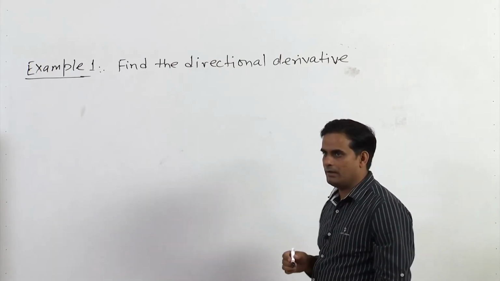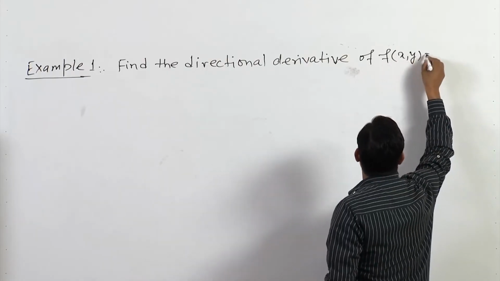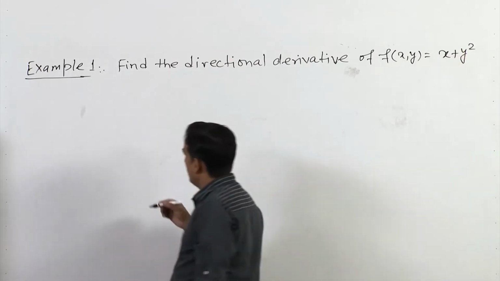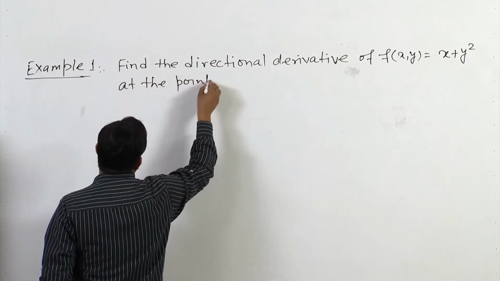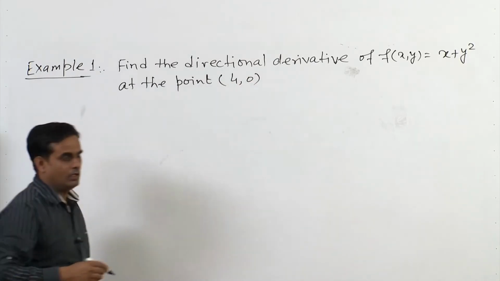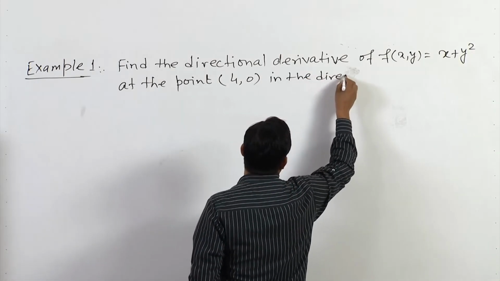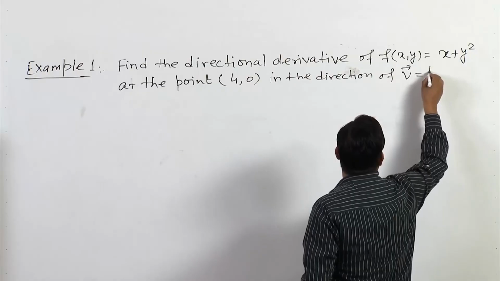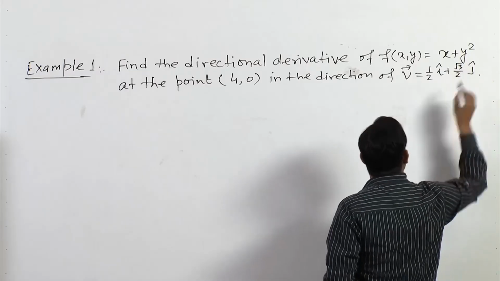So find the directional derivative of f of x y, which is defined as x plus y square, at the point 4, 0, in the direction of the vector 1 by 2 i plus, let us say, root 3 by 2 j.